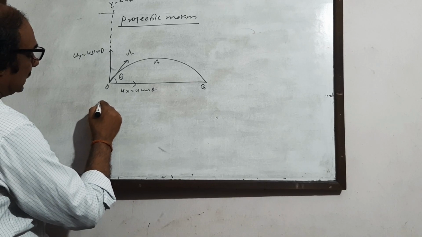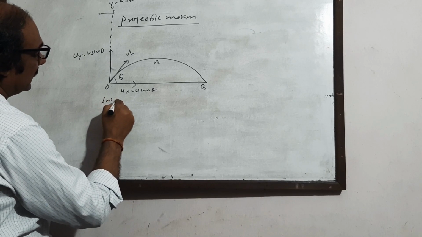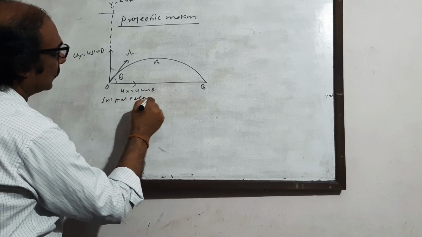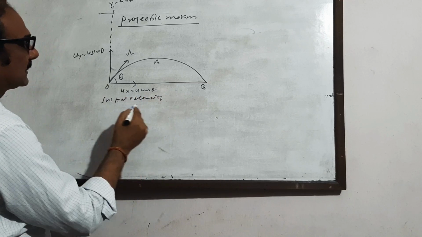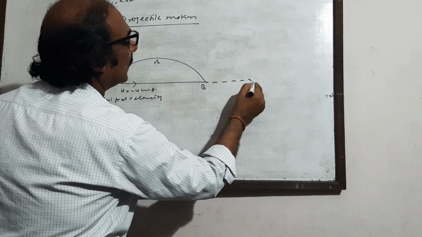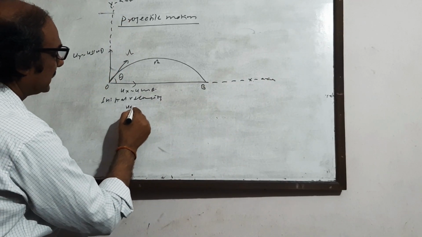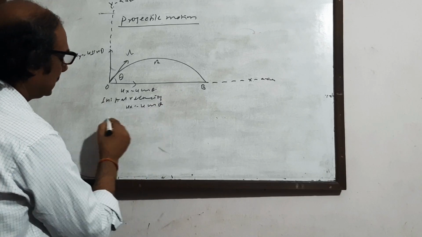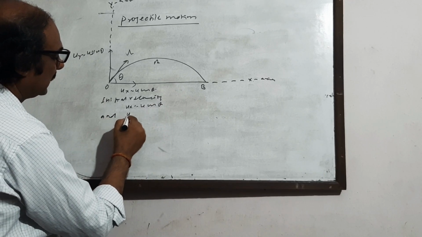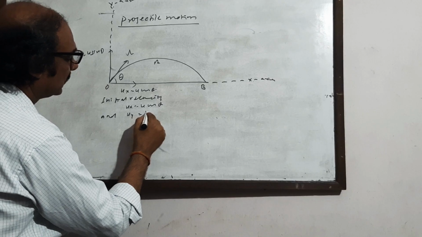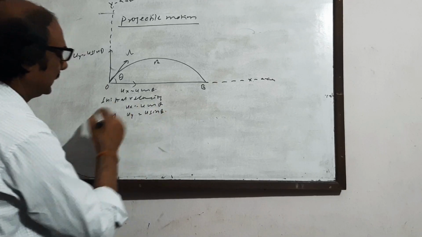So the initial velocity of the projectile along the x-axis, ux equals u cos theta, and uy equals u sine theta.